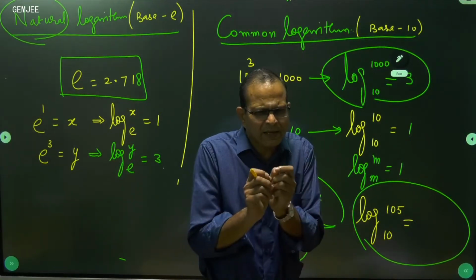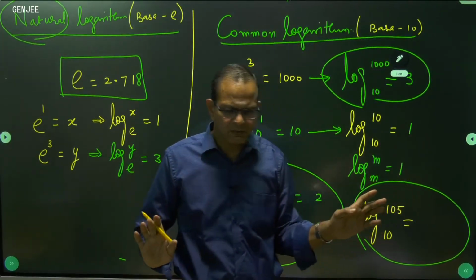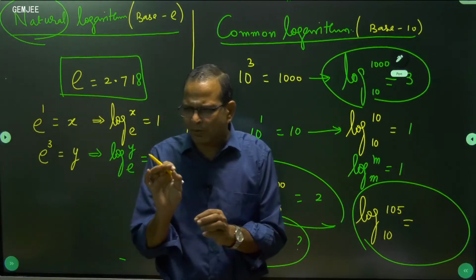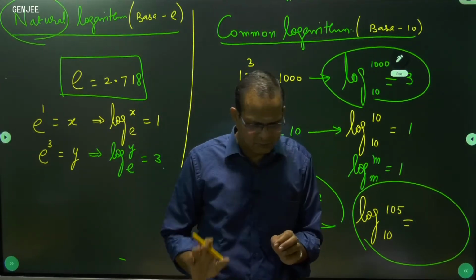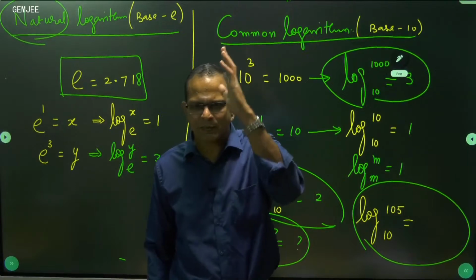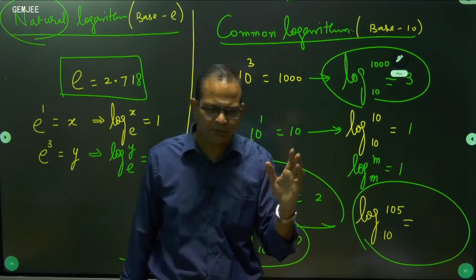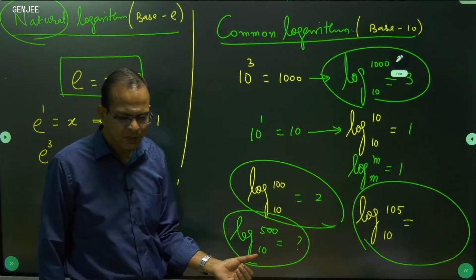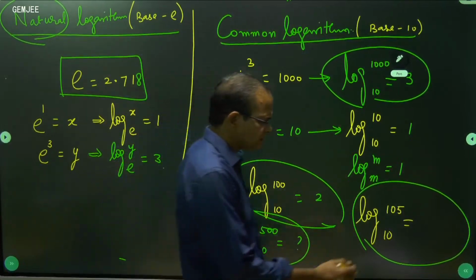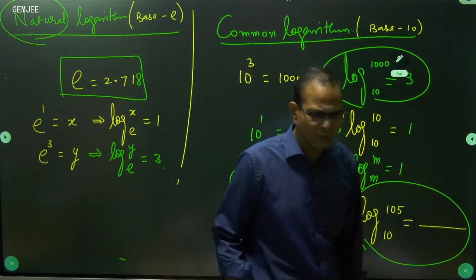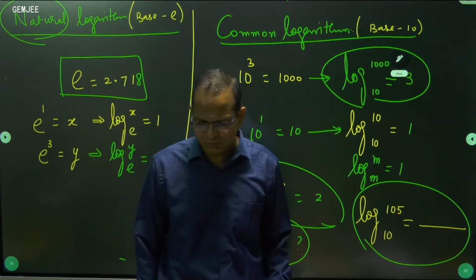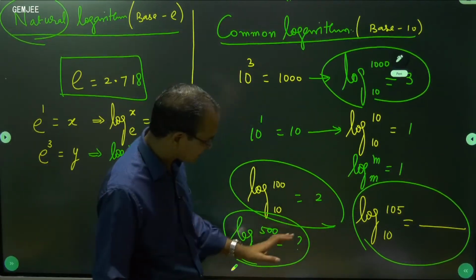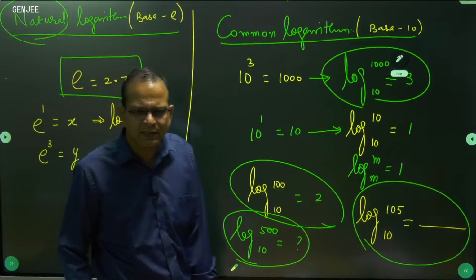So it is slightly more than 2, very slightly more than 2. Let's come to this 500, how much do you think it will be?